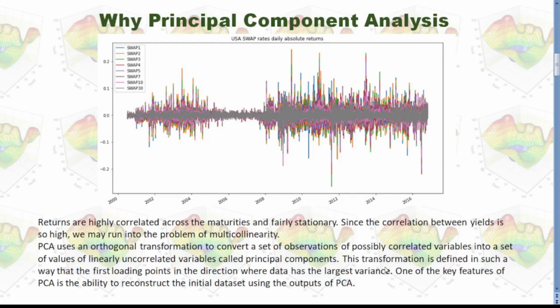This transformation is defined in such a way that the first loading points in the direction where the data has the largest variance. Also, please note, one of the key features of PCA is the ability to reconstruct the initial data set using the outputs of PCA.